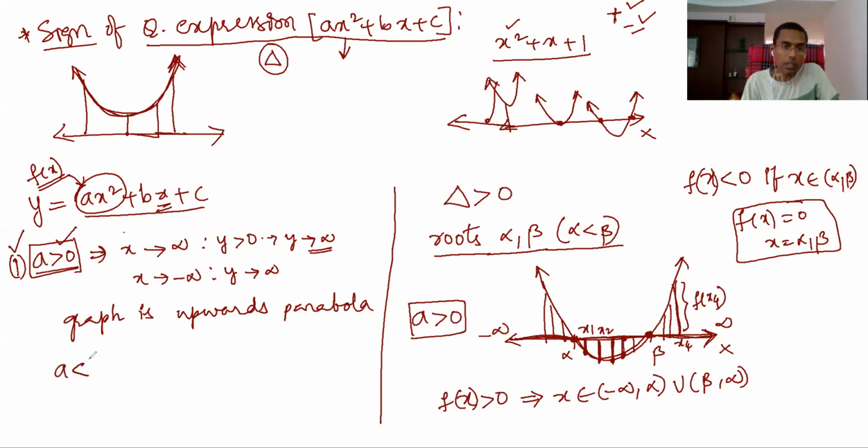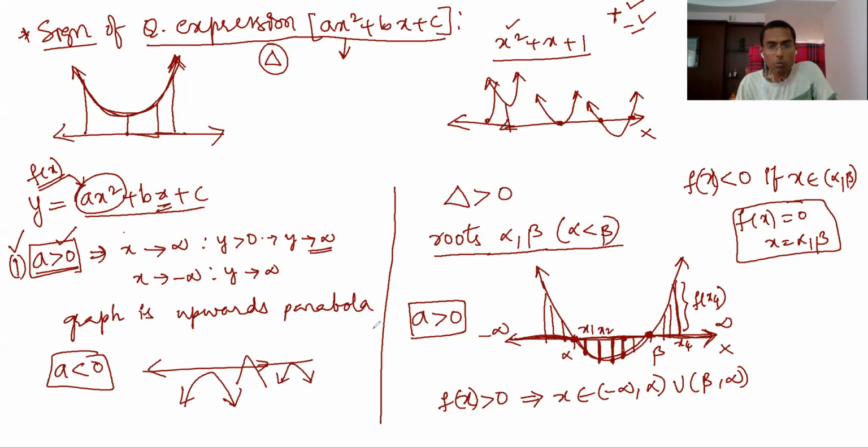If a is less than 0, this is a negative term, so the whole thing ultimately becomes negative, which means it is a downward parabola.